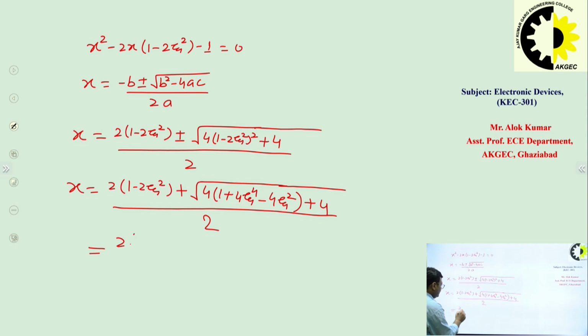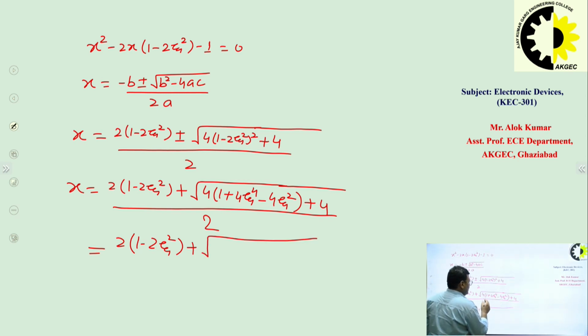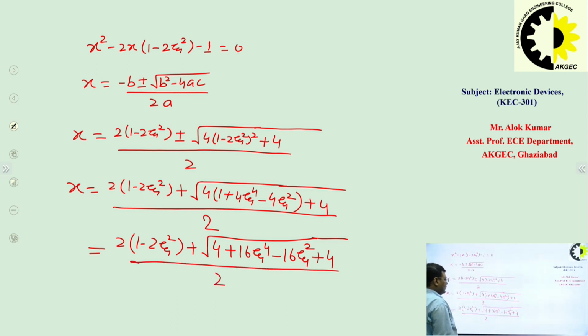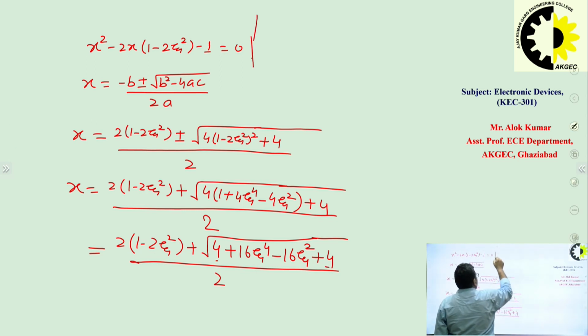Further we can solve: 1 minus 2 zeta square plus under root, if I multiply by 4, the 4 plus 16 zeta to the power 4 minus 16 zeta square plus 4, divided by 2.